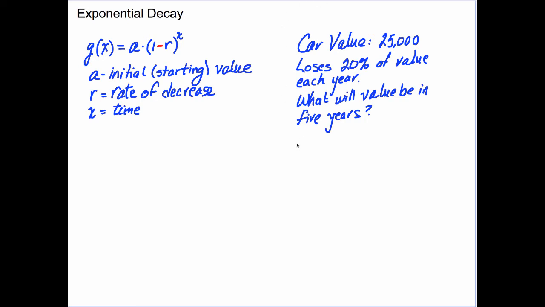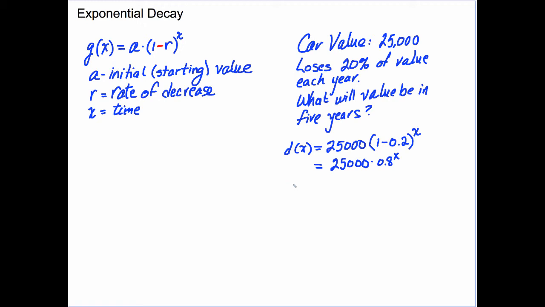Well, the decay function, and instead of using g, I'll use d this time, the decay function for x years is going to be a starting value of $25,000 times (1 minus 0.2) to the x power. And we can, of course, write that as 25,000 times 0.8 to the x power.